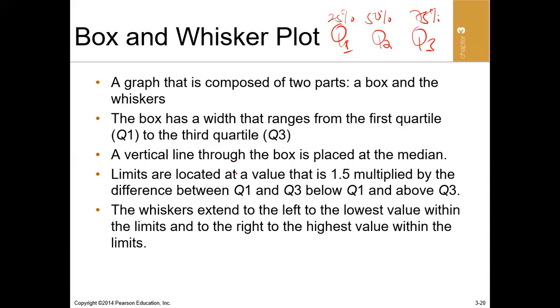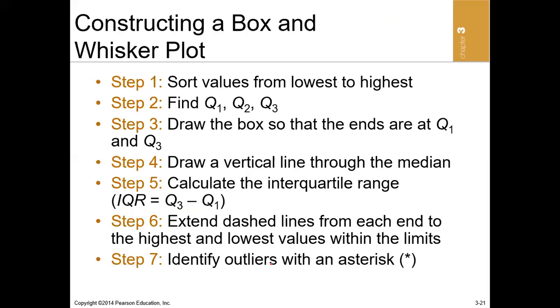We can represent these quartiles on a graph, and that graph is called the box and whisker plot. So let's look at how we do the box and whisker plot.